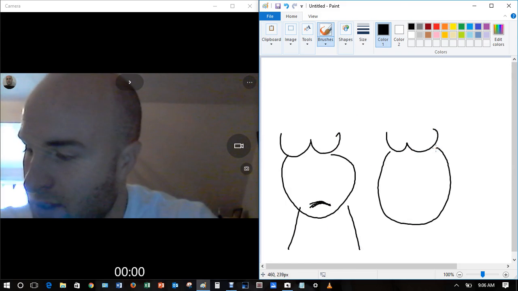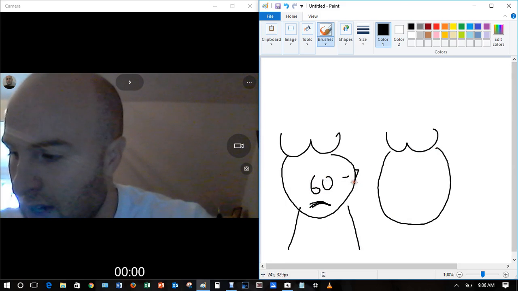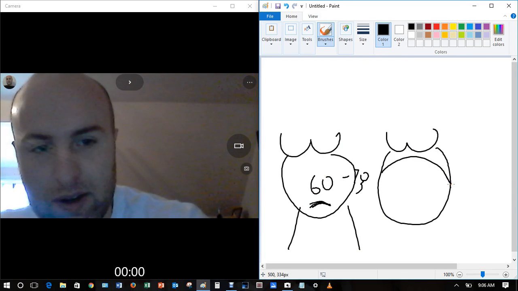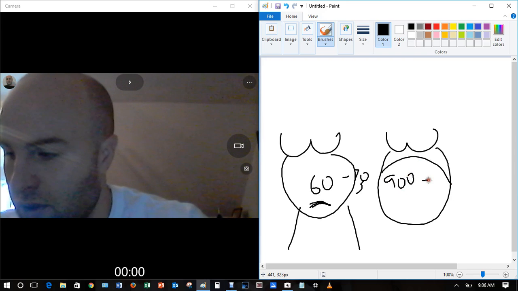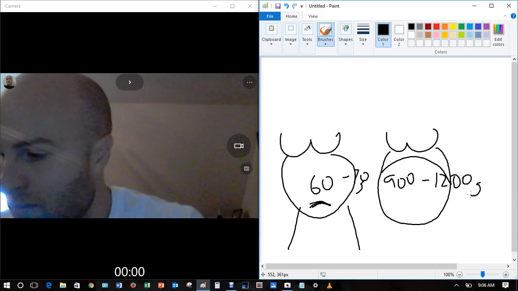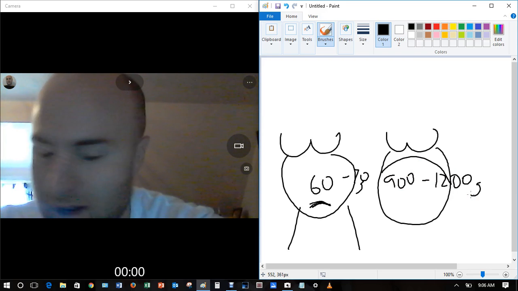So it increases from about 60 to 70 grams. It's going to increase to about 900 to 1,200 grams. So that's a much increased uterus. Sorry, that was weight, not height, sorry.